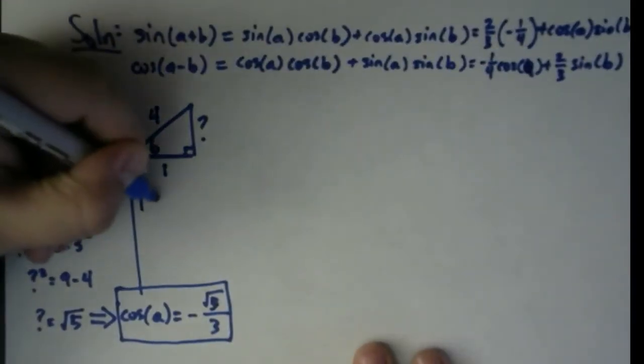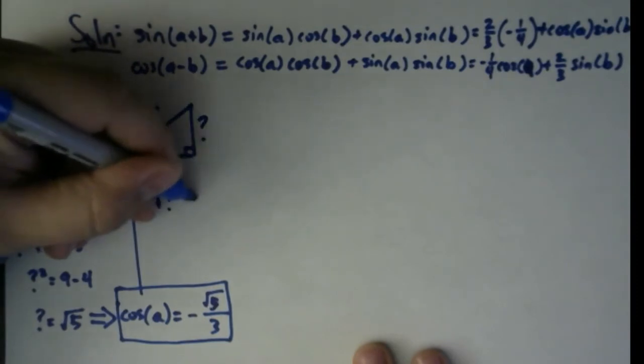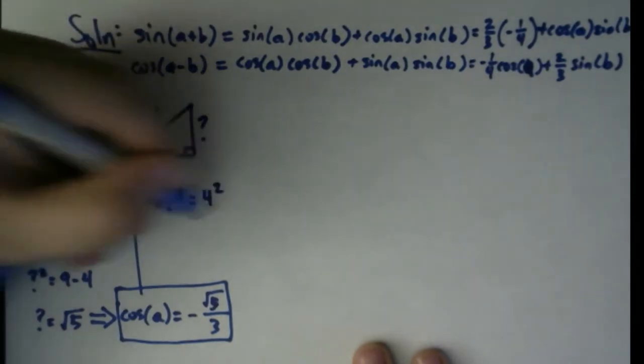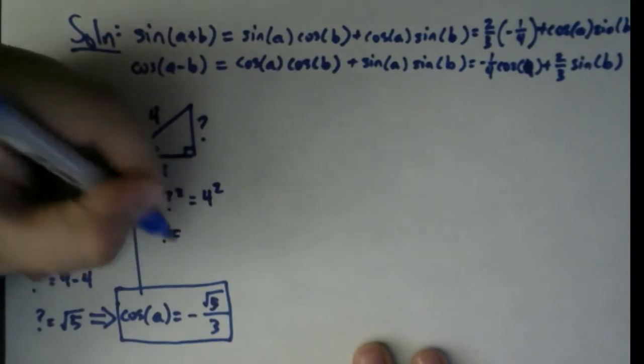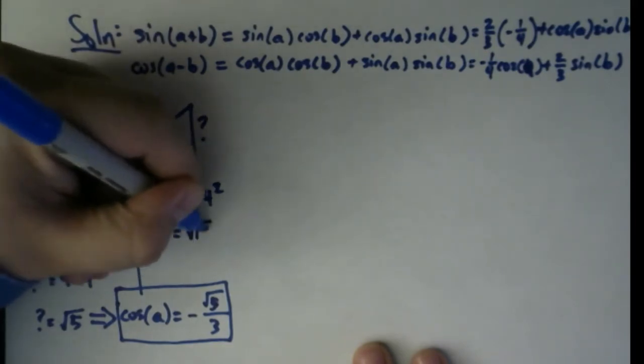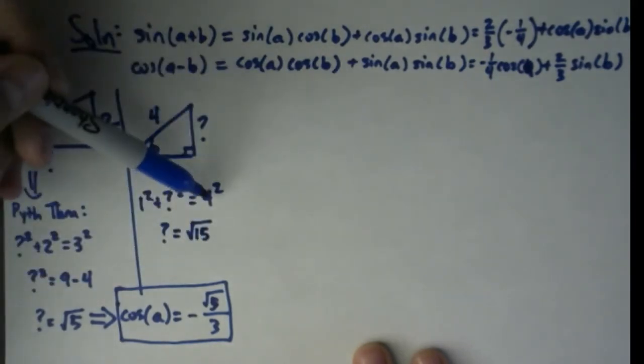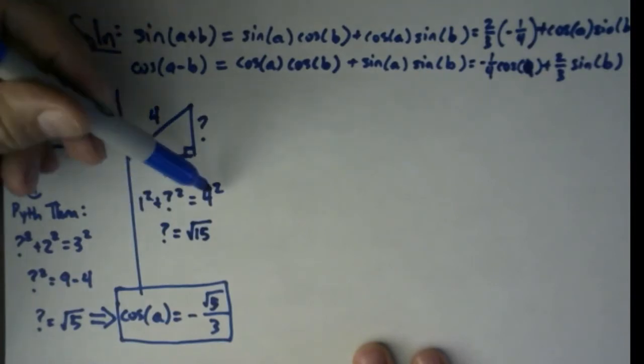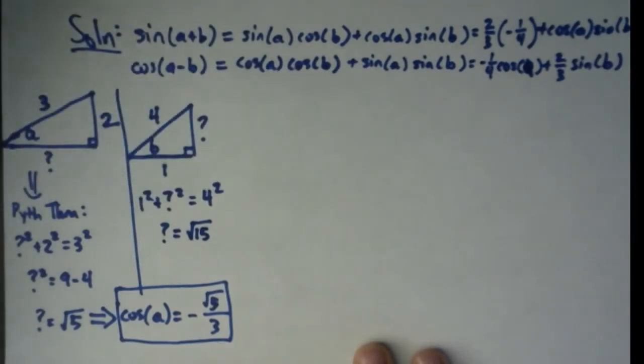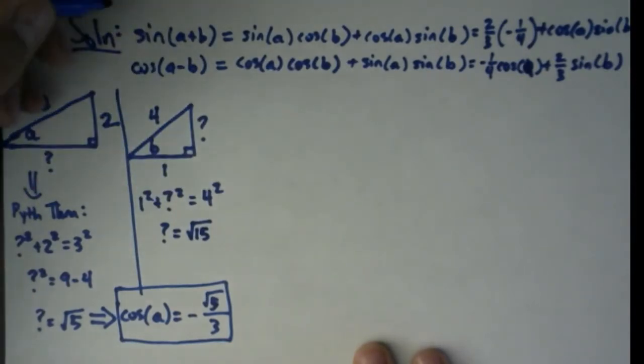I'll get 1 squared plus question mark squared is 4 squared, which leads me to the conclusion that question mark must be square root of 15. Because 4 squared is 16, and subtracting 1 gives me 15, then taking the square root gives me square root of 15.